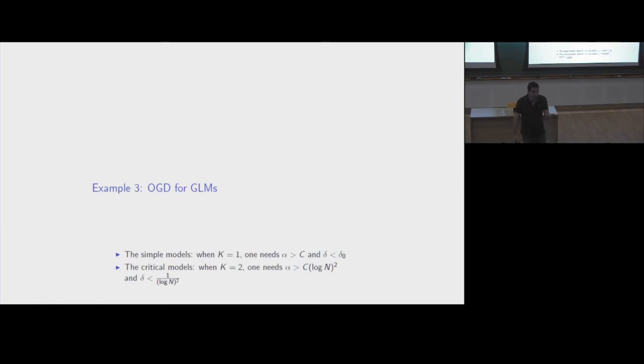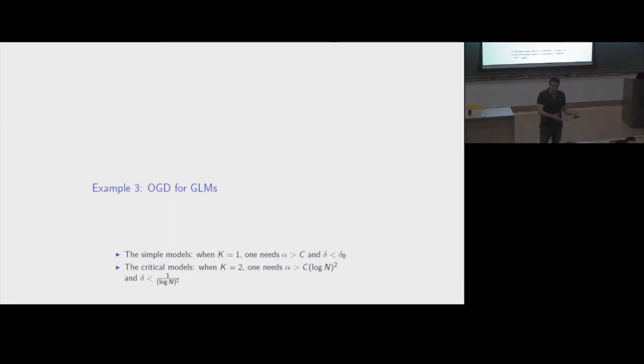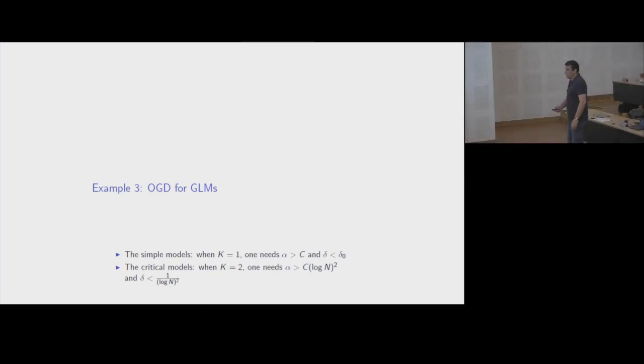That's exactly the BBP transition, right? Because you're given a random matrix spiked by your rank 1 thing. So this is not a complex problem, okay? But still slightly more. So here, in general, what we have is that we need alpha to diverge like log n squared, and the time scale has to be chosen like 1 over log n squared. So you need a small step size, and largish alpha, right?